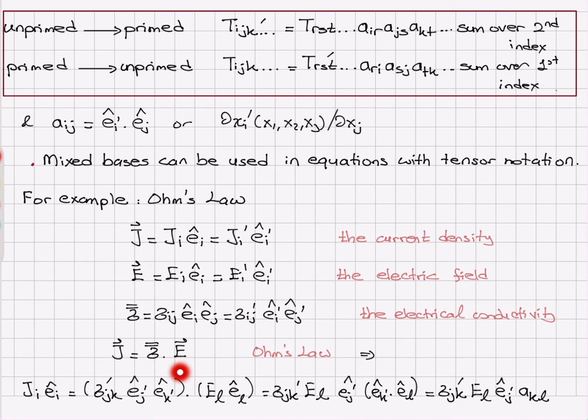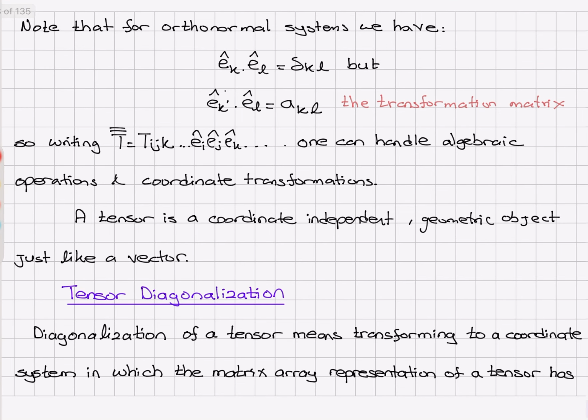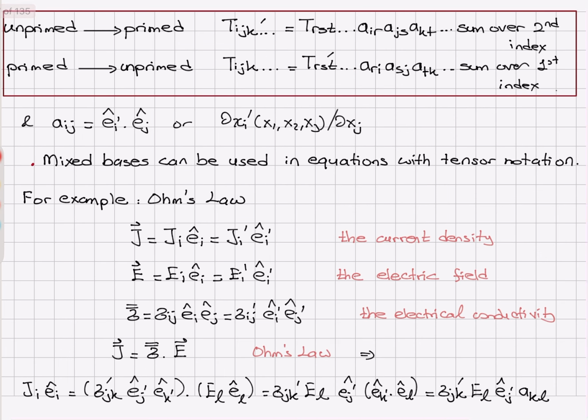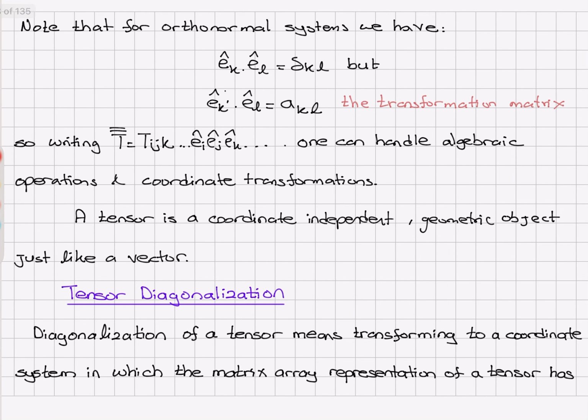For example, I have written Ohm's law using unprimed components for the current density, primed components for the sigma tensor, and unprimed components for the electric field. Here you can see, if I carefully follow the dot product and the fact that whenever I see e_k hat dot e_l hat, it's Kronecker delta kl, but e_k prime hat dot e_l hat is A_kl, the transformation matrix, then I will be able to handle this operation with mixed basis.